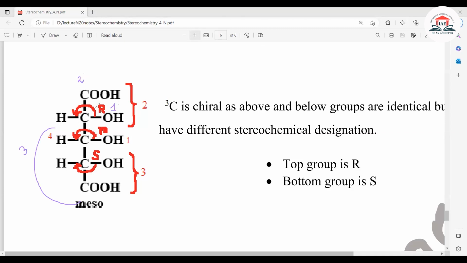Okay, so 1, 2, 3 is moving anti-clockwise, sorry, which direction is this moving? 1, 2, 3 anti-clockwise. So it should have been S, but because hydrogen is on the horizontal line, it will be reversed, so it will be R.